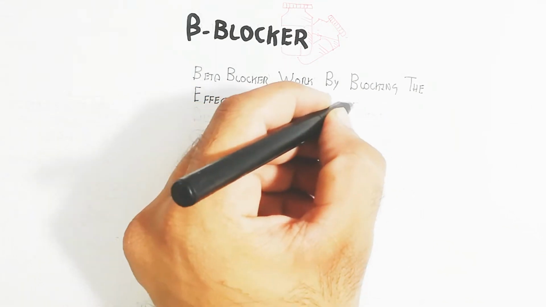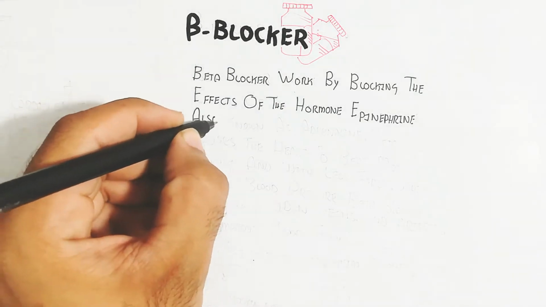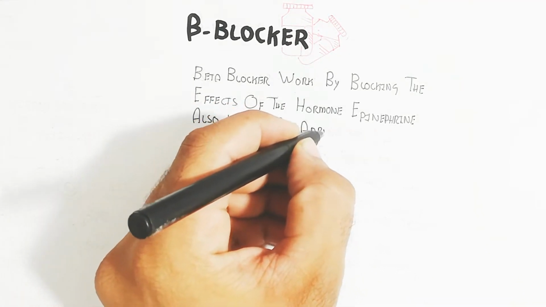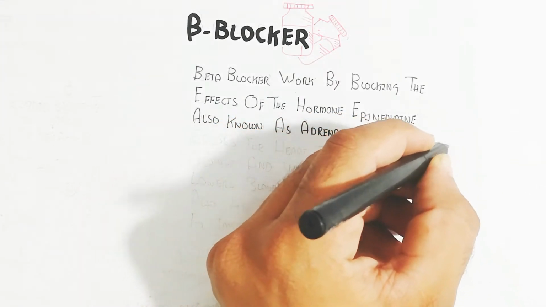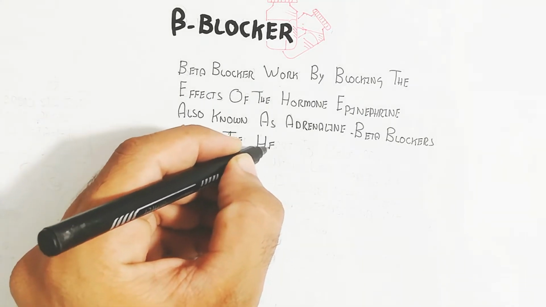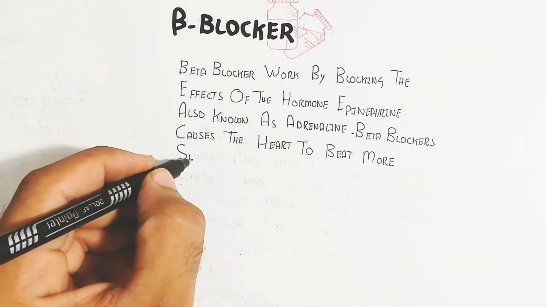Beta blockers work by blocking the effect of the hormone epinephrine, also known as adrenaline, which is released from the adrenal gland or adrenergic nerves. Beta blockers cause the heart to beat more slowly and with less force, and in this way lower the blood pressure.